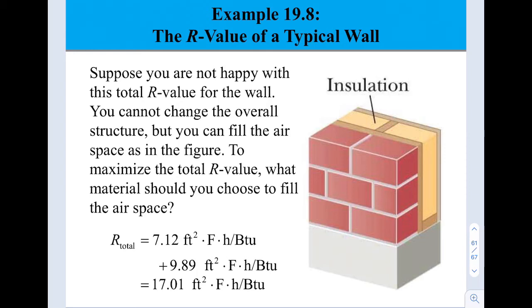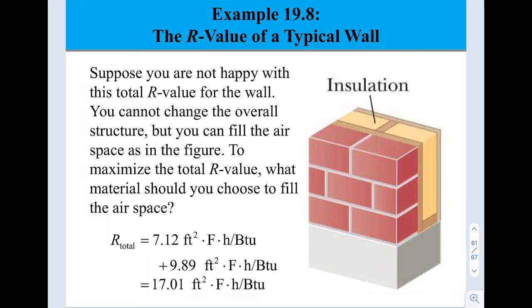The result is that we add 10.90 feet squared dot Fahrenheit dot hour over BTU of R value, and we lose 1.101 feet squared dot Fahrenheit dot hour over BTU due to the airspace that we have replaced with the fiberglass insulation.